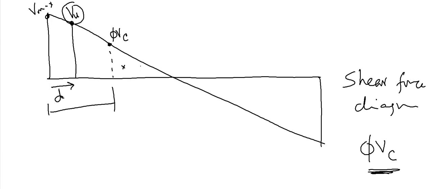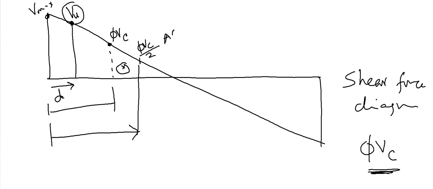But the ACI code says be safe, provide shear reinforcement up to φVc by 2. So calculate this distance. In this region we do not need any reinforcement, but ACI recommended still to use some here.